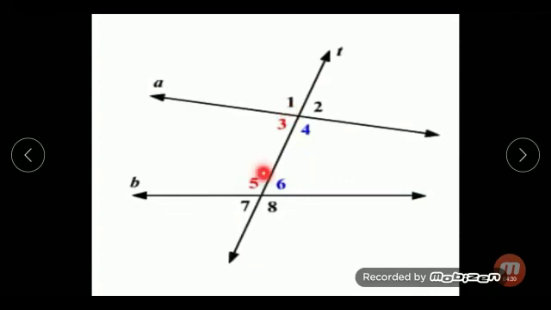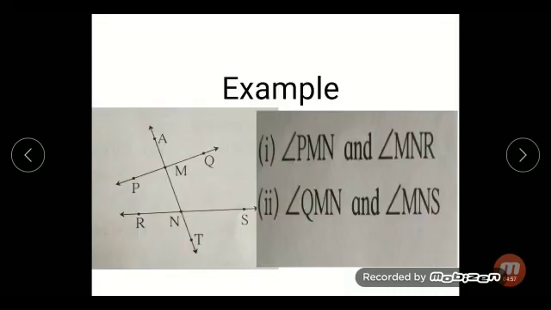Angle 3 and 5 are inside angles and also on the same side of the transversal. Therefore, they are known as a pair of interior angles. Similarly, angle 4 and angle 6 are inside angles and also on the same side of the transversal. Therefore, they are known as a pair of interior angles.